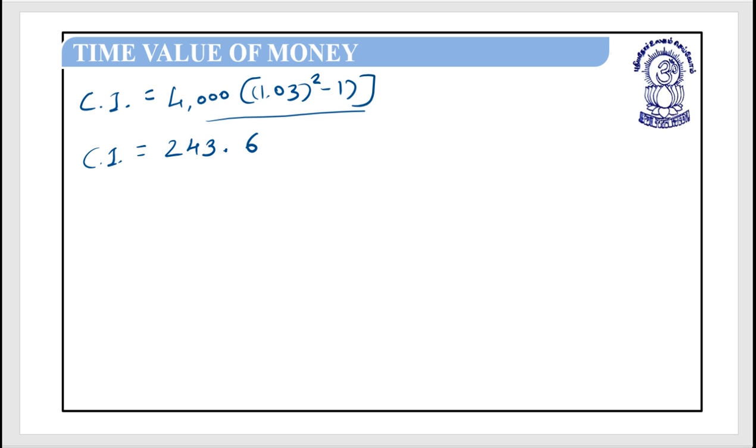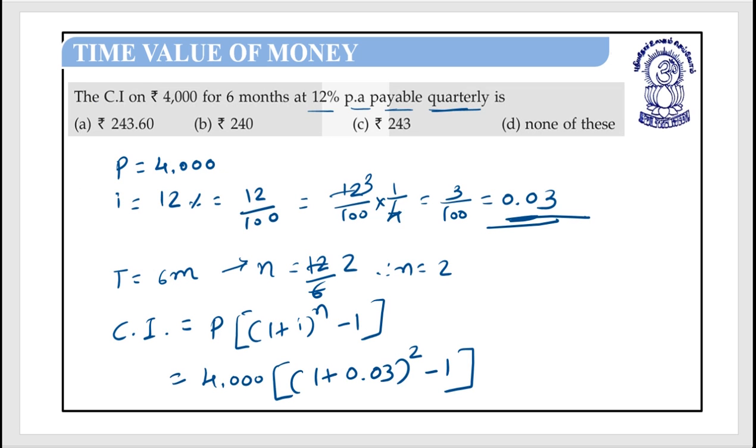So compound interest is rupees 243.6. So the answer is A, rupees 243.6.